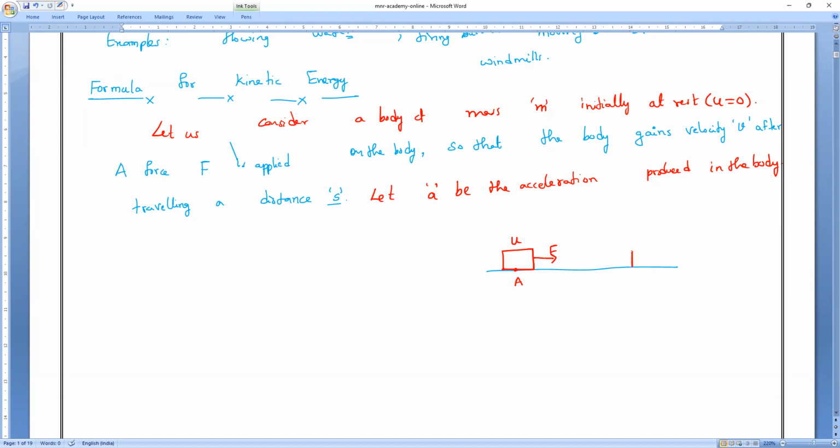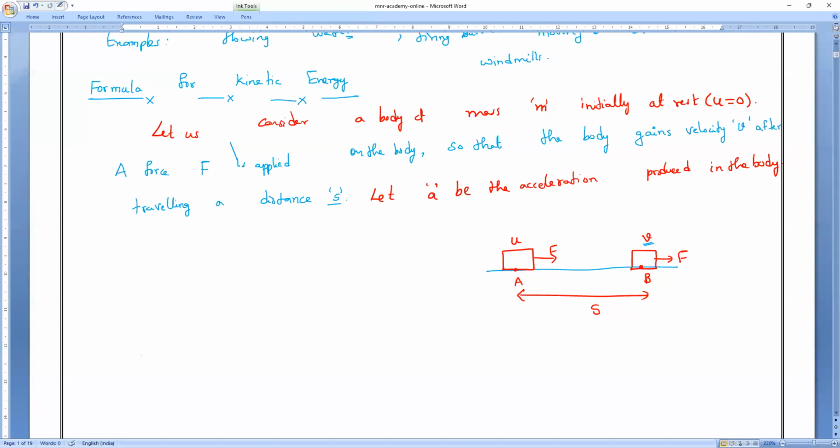After traveling a certain distance, this object comes to position B. That distance traveled by the body I will consider as S. By that time, what is the velocity of the body? V.